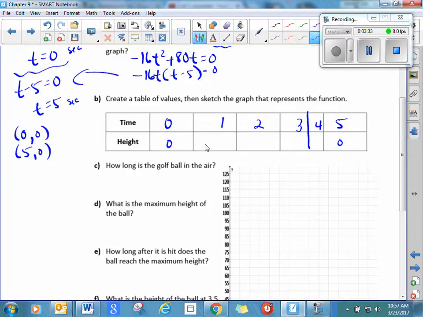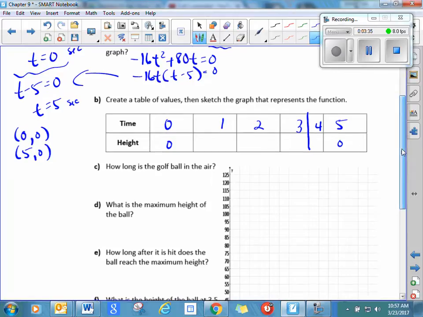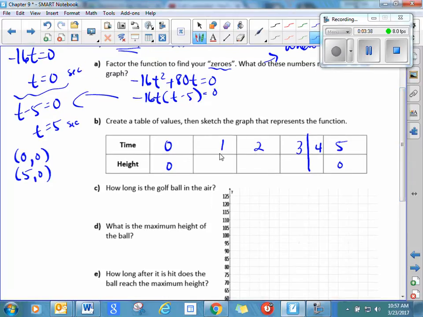So at 1 second, you plug it in, and you can do this on your calculator or you can do it by hand. When time is 1 second, you plug it in and you end up with 64. And this is feet.